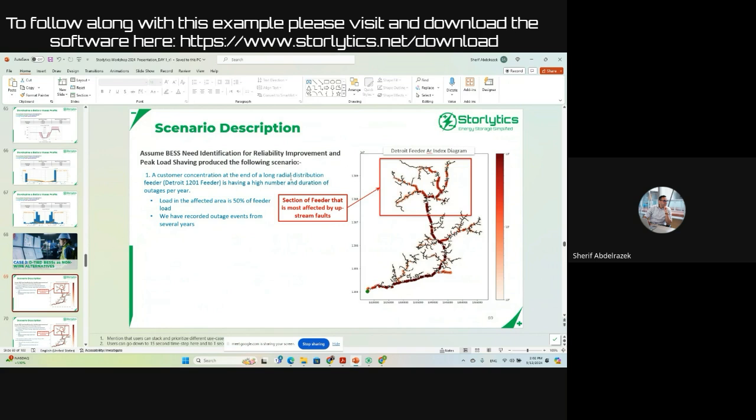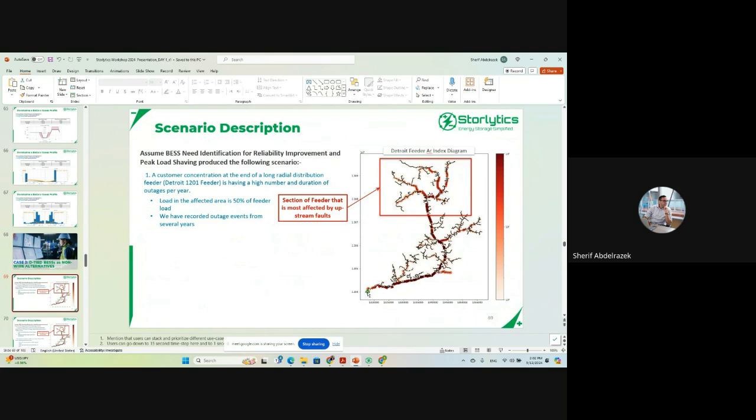A customer concentration at the end of a long radial distribution feeder, let's call it Detroit 1201, is having a high number and duration of outages per year. Load in the affected area is about 50% of the feeder head load, measured at the substation. So here, consider this is a substation.